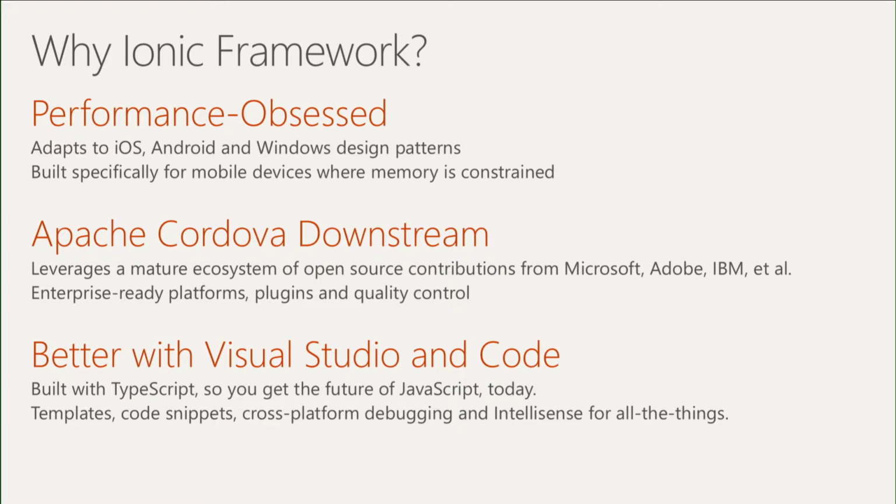It's also got a set of enterprise-ready platforms, plugins, and quality control. And what I mean by that is it's been used in enterprises. It's being validated by our team and others to make sure the plugins meet common requirements like security, authentication being a piece of that, secure data storage being a piece of it, things enterprises typically need, and you can do that with Cordova. And then through our team's tooling, we like to think it is better with Visual Studio and Visual Studio Code.